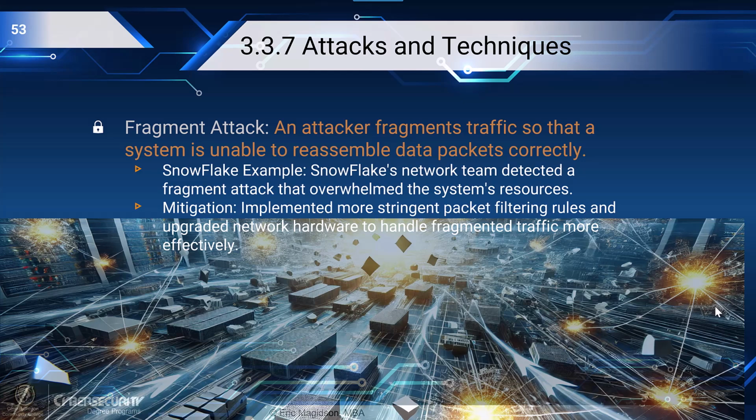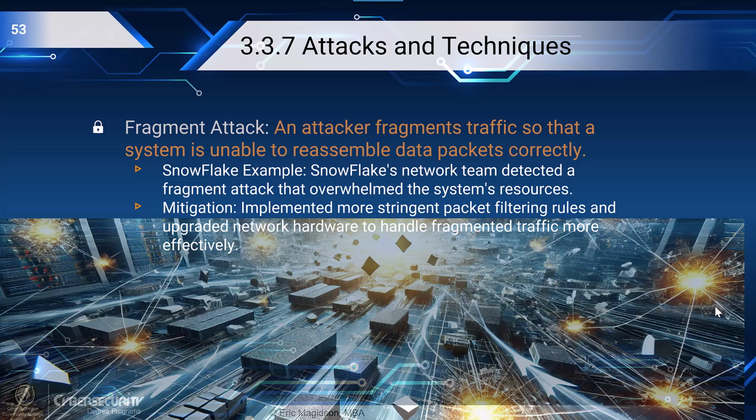So a fragment attack is when an attacker fragments traffic so that the system is unable to reassemble data packets correctly. So we basically send a bunch of stuff, right? It would be like me communicating with you, you're a computer, and suddenly 6 people are on this recording, all talking to you at once.